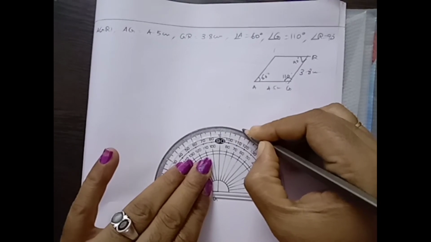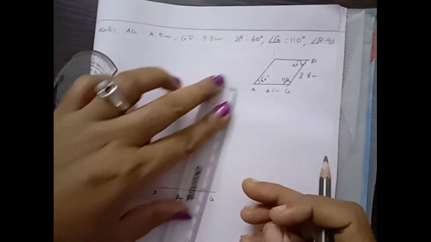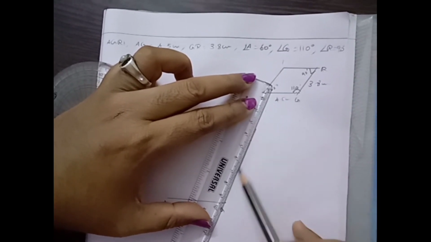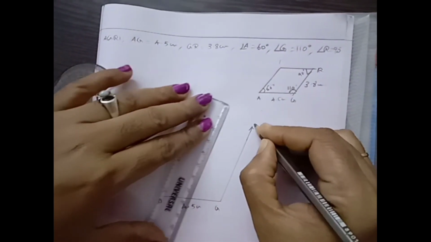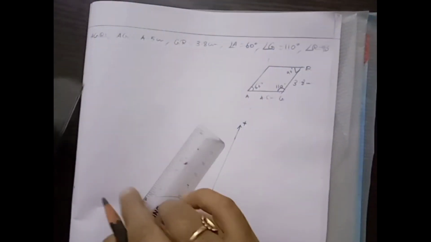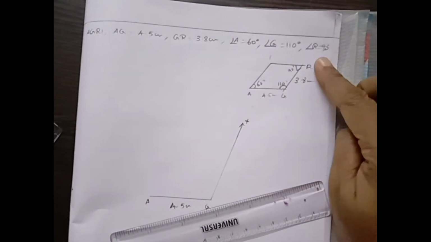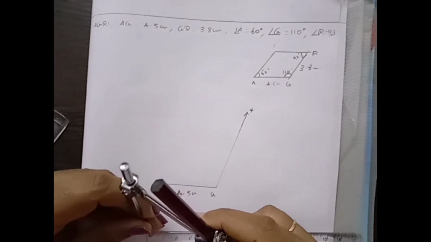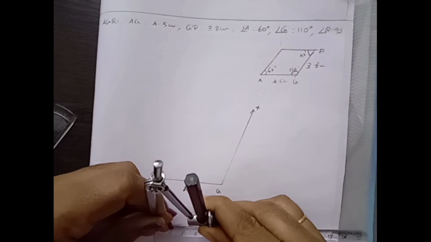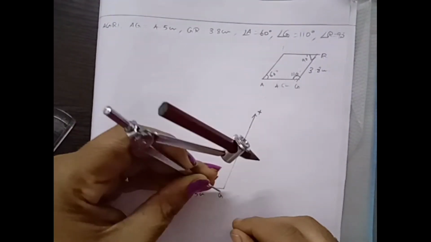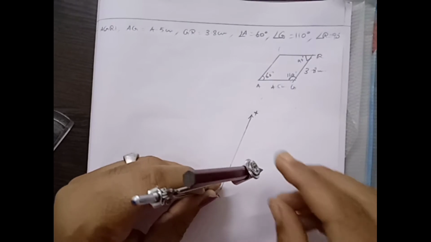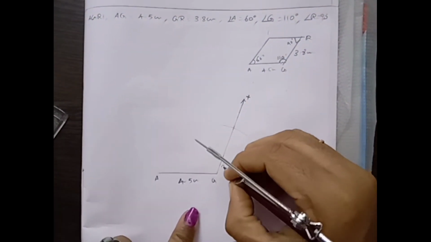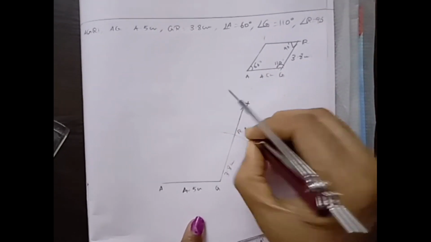So here you have to mark, and mark it X. Then GR equal to 3.8 centimeter. So at G as a center, cut an arc at R, 3.8 centimeter.